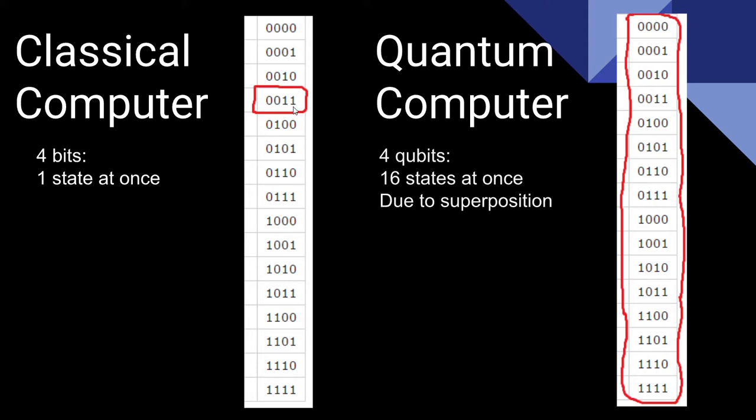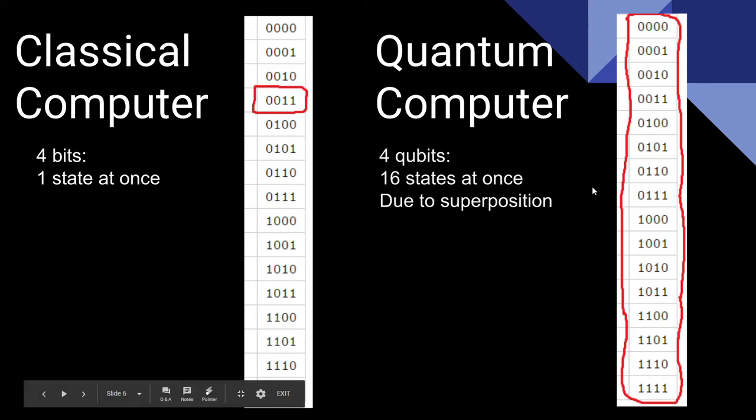If you want another state, you have to change one or more of those bits. For a quantum computer with 4 qubits, since we have the power of superposition, it could be in all these states at once, so you can encode all 16 states at the same time.